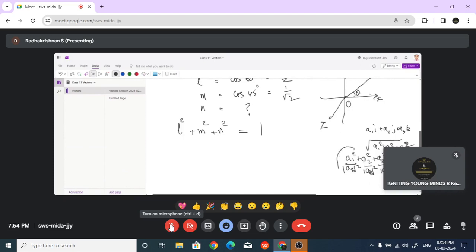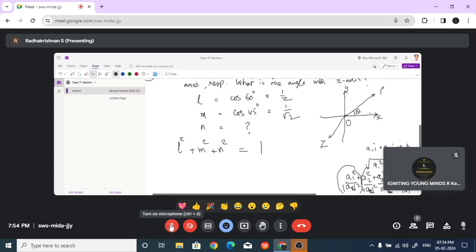So this is your L square, this is your M square, this is your N square. So that is why it comes: L square plus M square plus N square equal to 1. Now you can substitute and tell me what is the value of N. We know the value of L and M. All we need is to find the value of N, and hence theta 3.